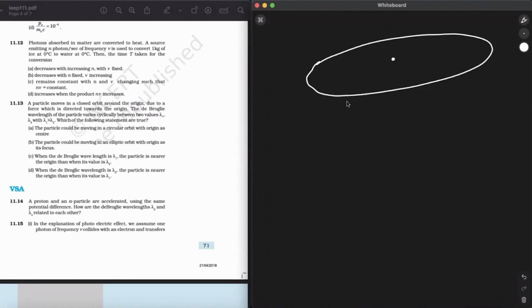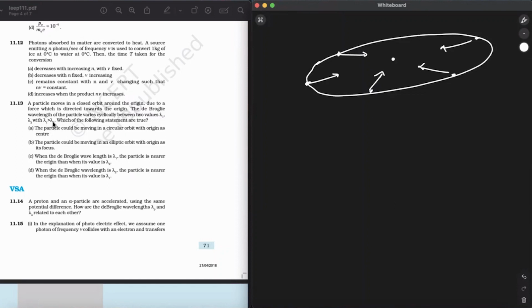Now this particle moves in a closed orbit around the origin due to the force which is directed towards the origin. So at every point, the force is directed towards the origin. This is important. The de Broglie wavelength of the particle varies slightly between two values, lambda 1 and lambda 2, with lambda 1 being greater than lambda 2.